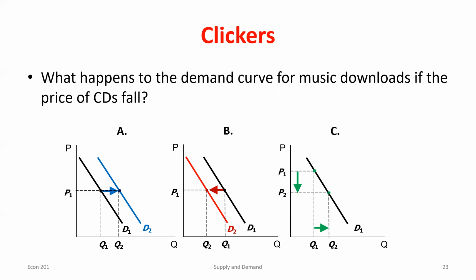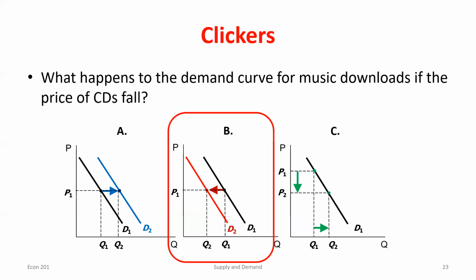So if CDs become like a dime and I can get every single song on the CD, or I can pay a bunch of money for the music downloads, what am I more likely to do when the price of CDs goes way down? Am I more or less likely to download? Right, I'd be less likely to pay for music downloads if I could go out and get a CD for 10 cents. So we're going to see a decrease in demand for music downloads when the price of a substitute good goes down.